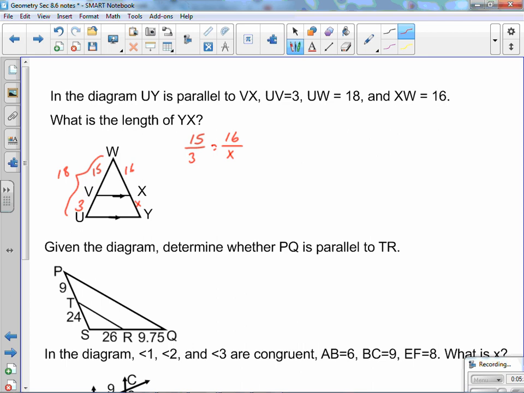So we have a proportion, so just like all the other proportional stuff we do, we cross multiply and solve. So we get 15x equals 3 times 16, or 48. And divide by 15.